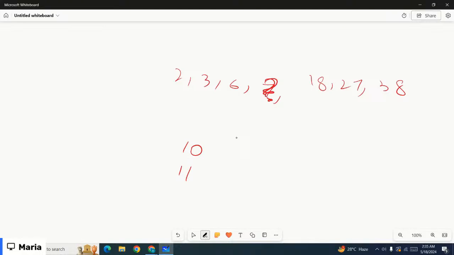Which number is missing? Here is the missing number, right? Between 6 and 18. So which number is missing?